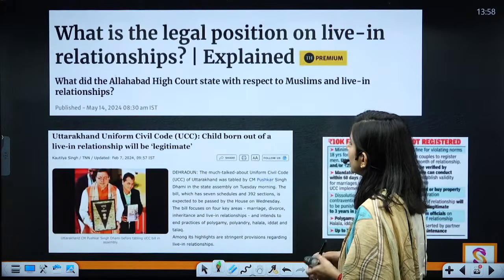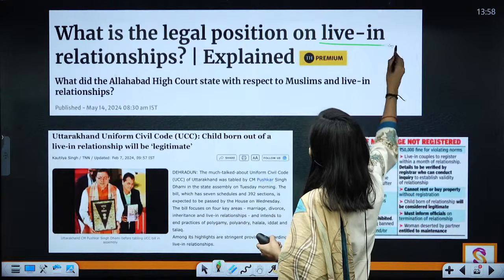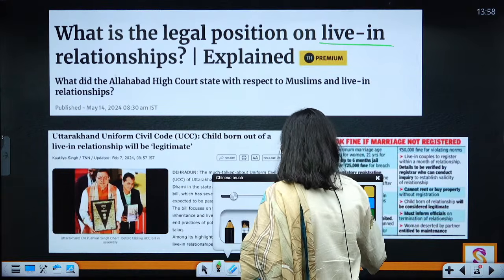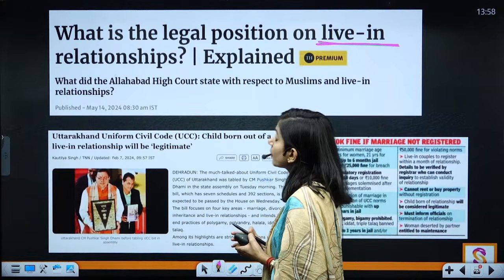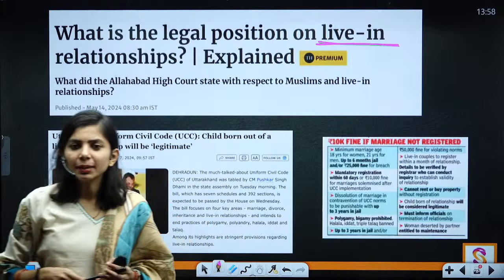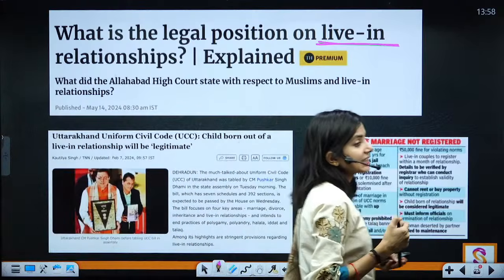Other than this, there are also other aspects related to it, such as the legal position on live-in relationships. Here I am not asking you to situate it, but what I am saying is what the legal positions are.